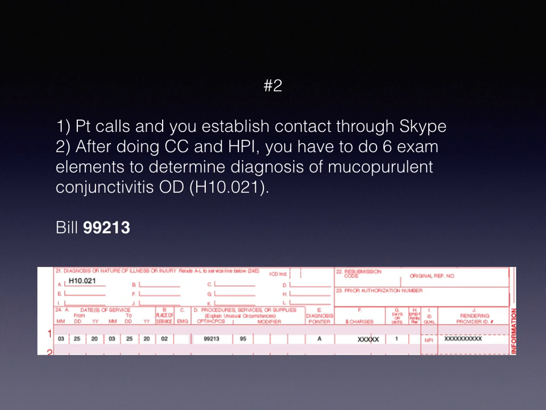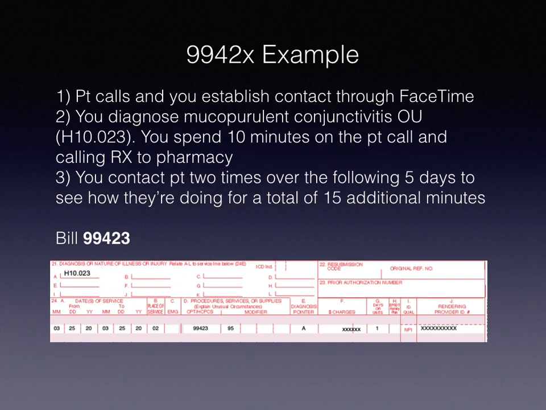diagnosis ICD-10 code. Let's talk about an example for the 9942X codes. The patient calls you to establish contact through FaceTime. So again, you're using the synchronous communication method, and you diagnose mucopurulent conjunctivitis OU, and you spend 10 minutes on the patient call and call in the prescription to the pharmacy for that patient.